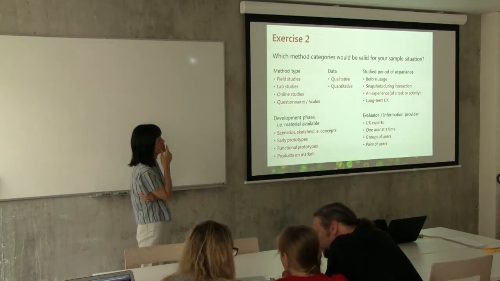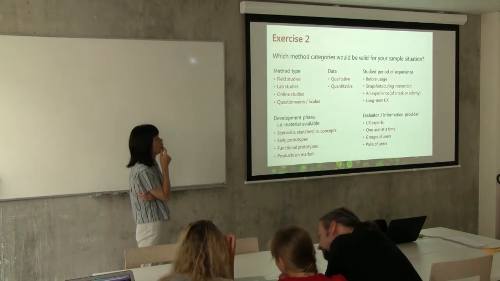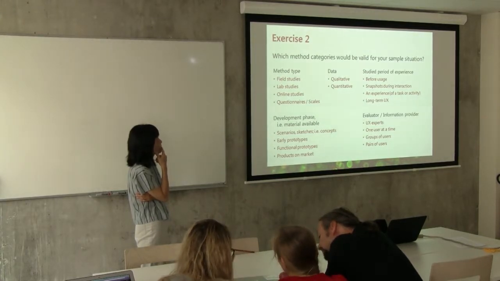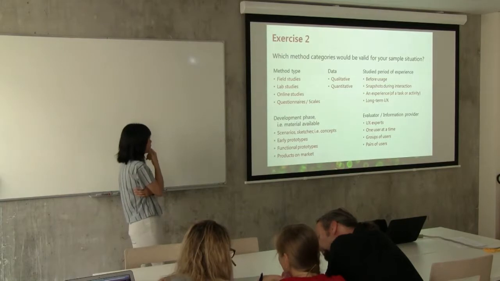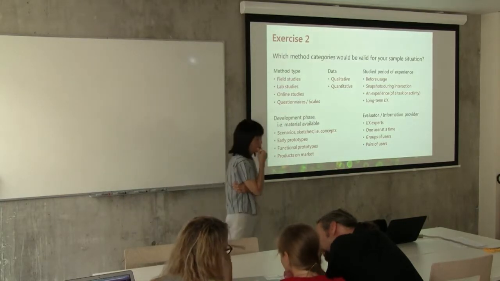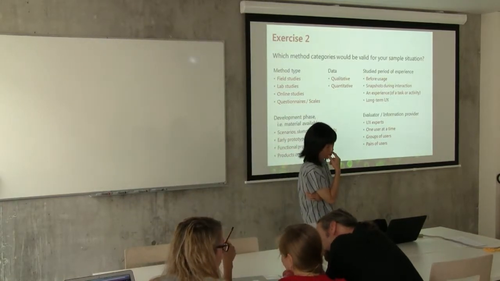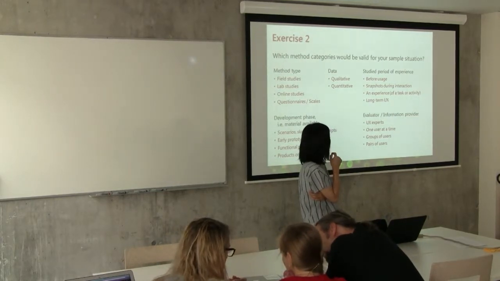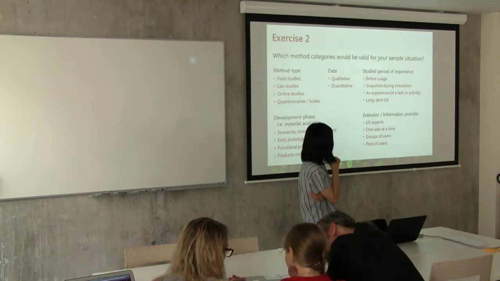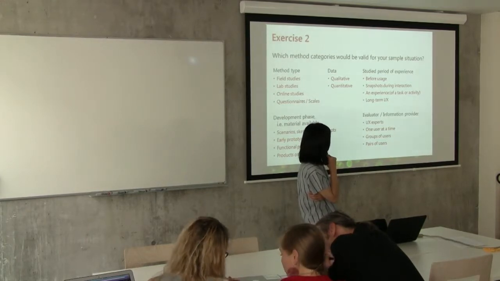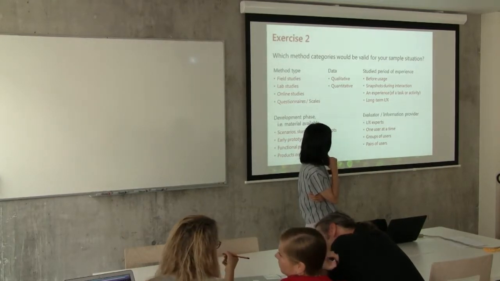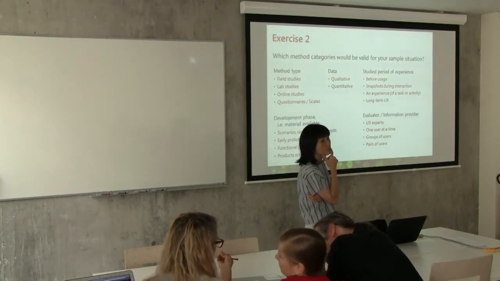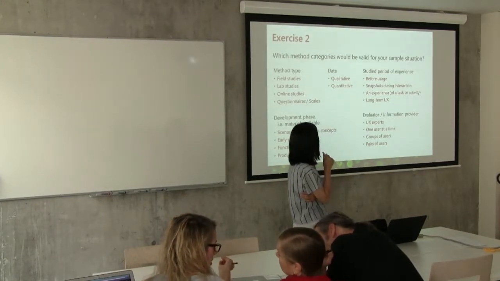I think we kind of decided to take studies. Actually we can. But then we have to give them which method categories would you like for your sample situation? Yeah.